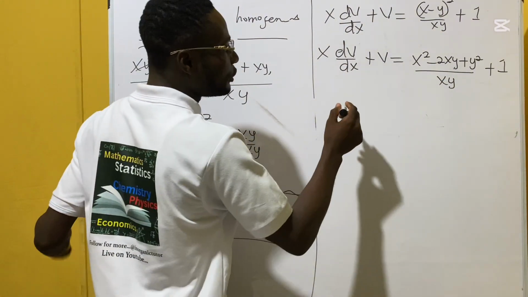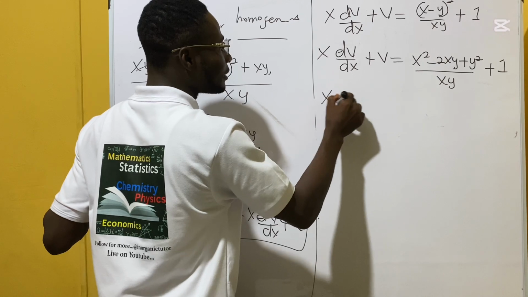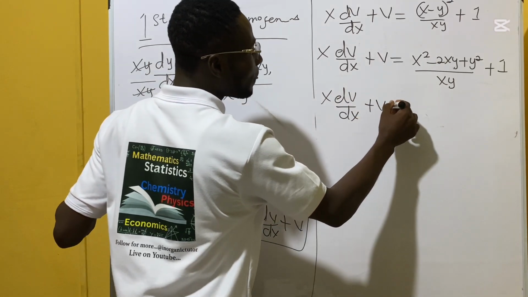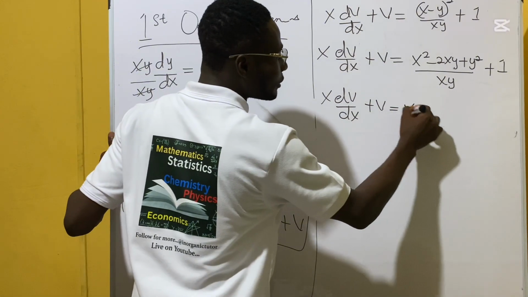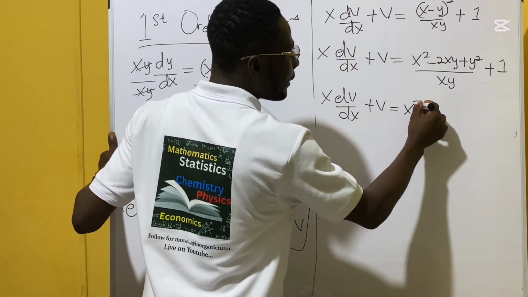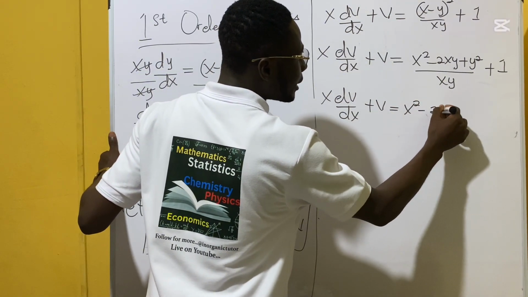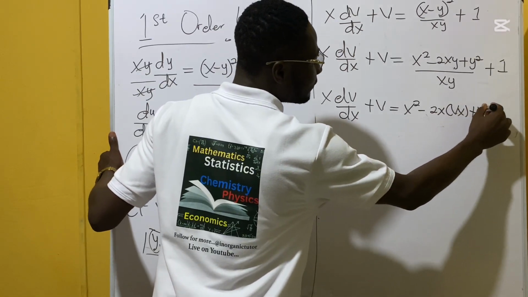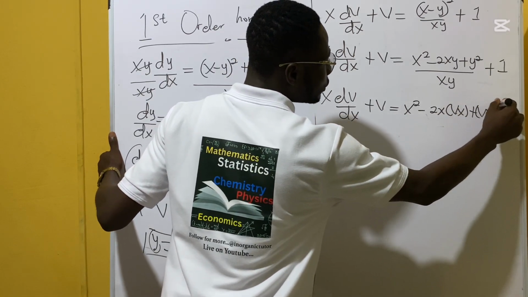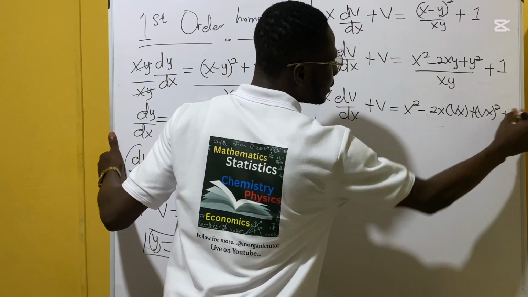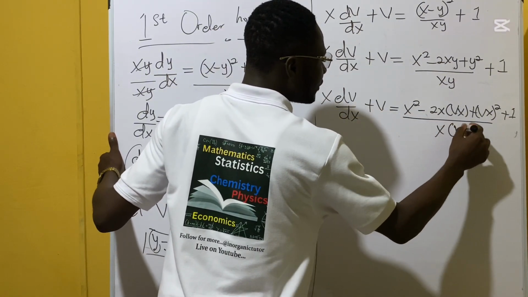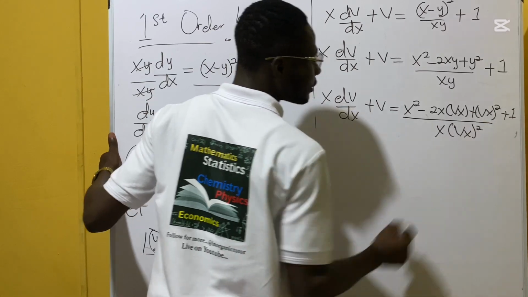When we do that, we are going to have x dv over dx plus v equals x squared minus 2x into vx plus vx all squared, all over x into vx, plus 1.